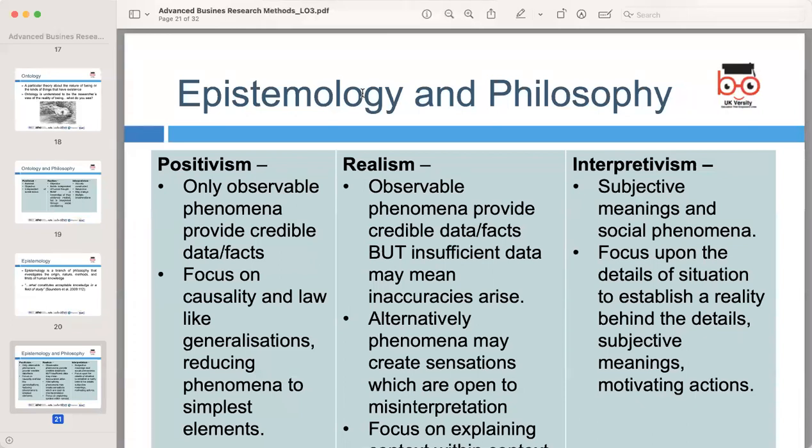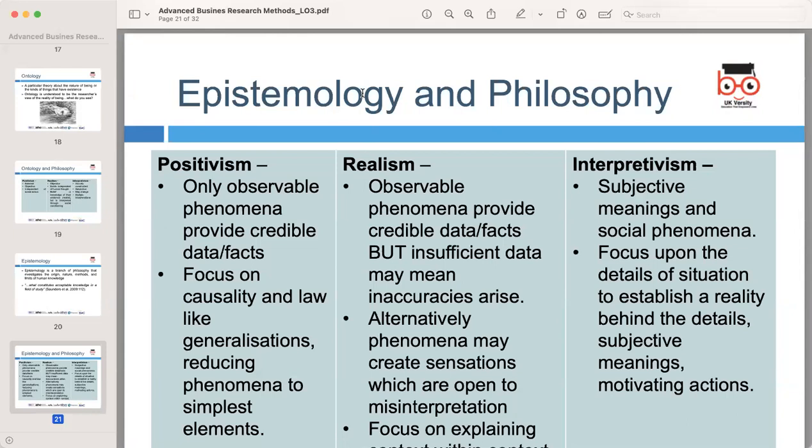Positivism focuses on observable phenomena and general laws, aiming to reduce complexity to its simplest elements. Realism acknowledges the importance of observable phenomena, but recognizes potential inaccuracies and the role of context.